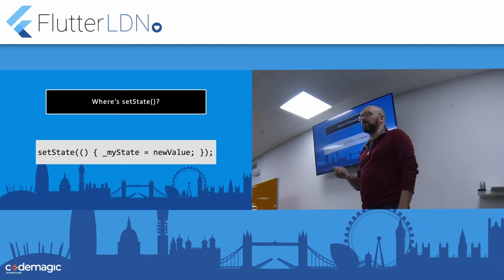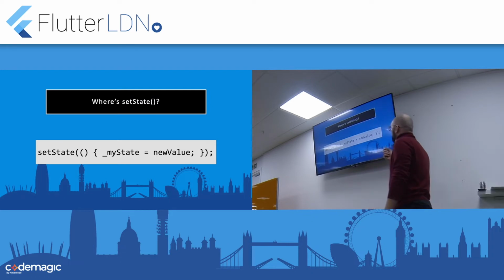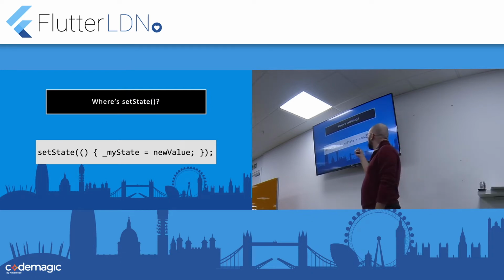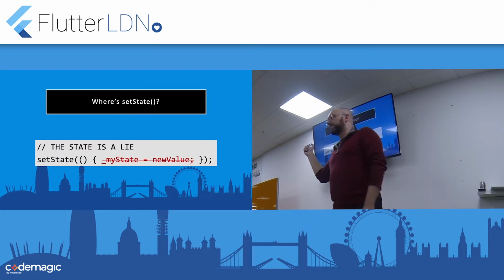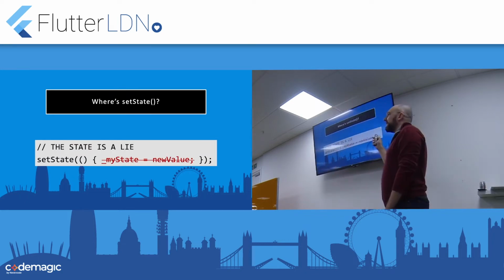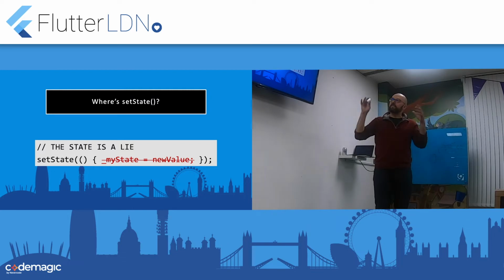And setState is, of course, the thing that causes things to get dirty, most of the time. We usually call setState like this, but we need to remember this state is not true state. State is just a state object.